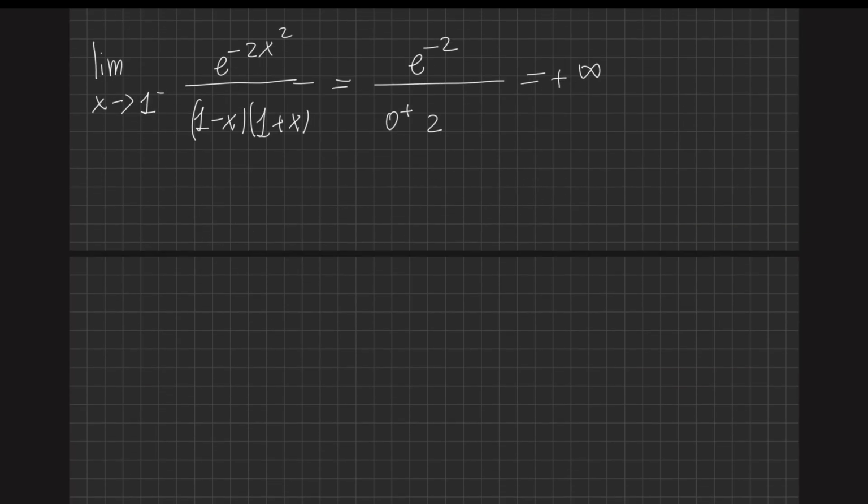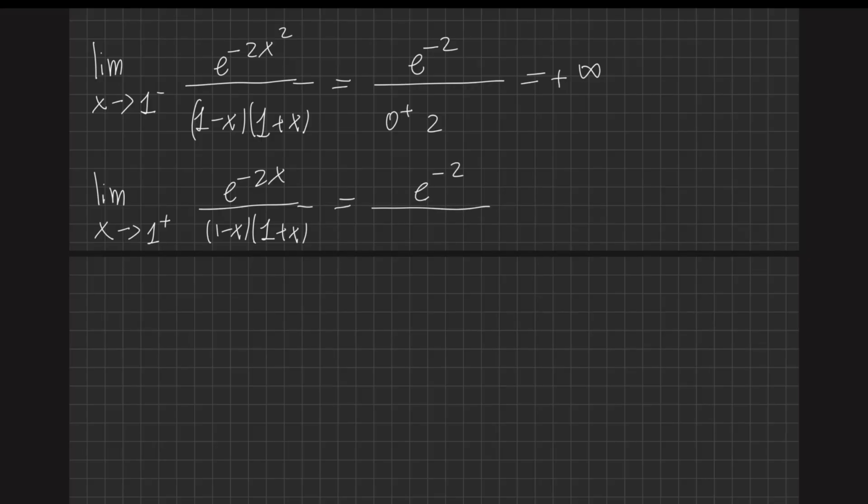So now we're going to compute the limit as x approaches 1 from the right hand side, so 1 plus, of e to the minus 2x squared divided by 1 minus x times 1 plus x. And again, this is going to be equal to e to the minus 2 divided by, now 1 minus 1 is going to be 0, but we are approaching from the right hand side, so something slightly bigger than 1, so it's 1 minus 1.1, which is negative, so we're going to get a 0 minus times 2.